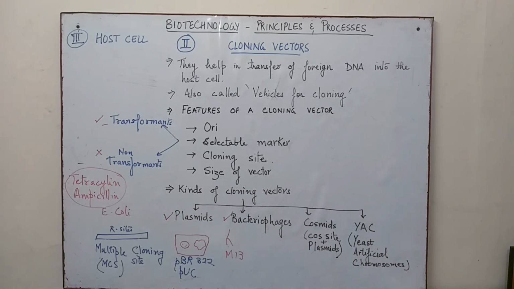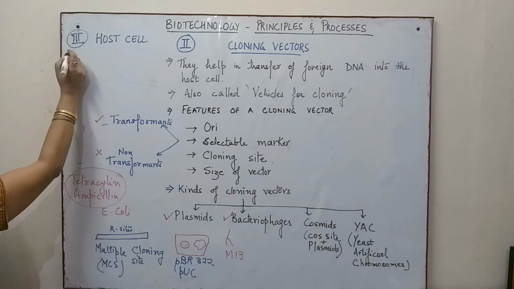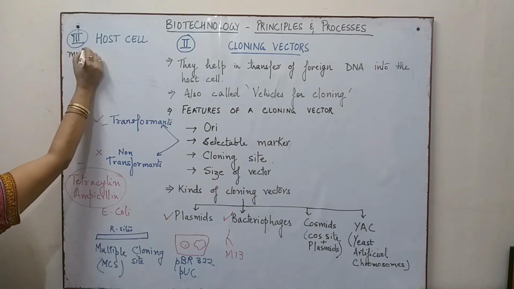So what is happening? First we have cut with the help of restriction enzymes. Then we have the cloning vectors where they are transferred and cloned. Then they are transferred to the host cell, and within the host cell the multiplication of rDNA takes place.